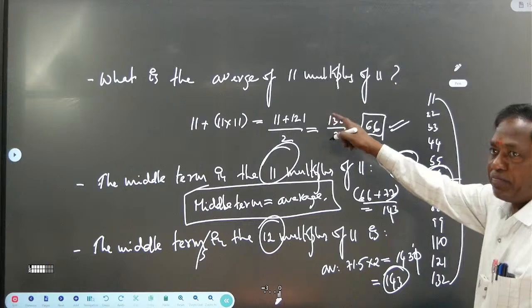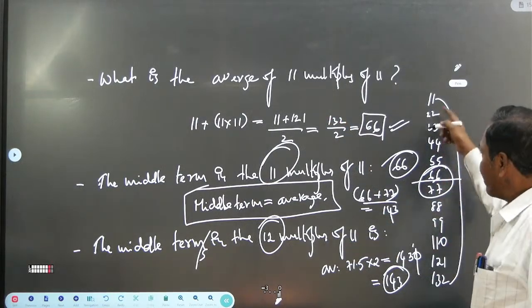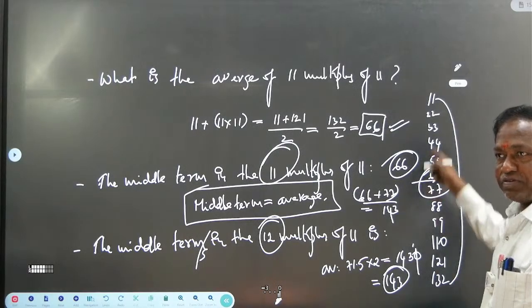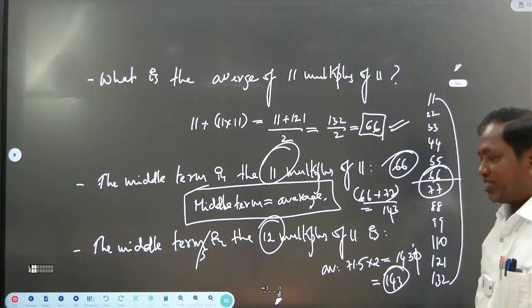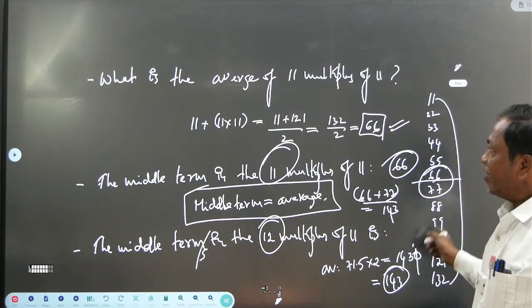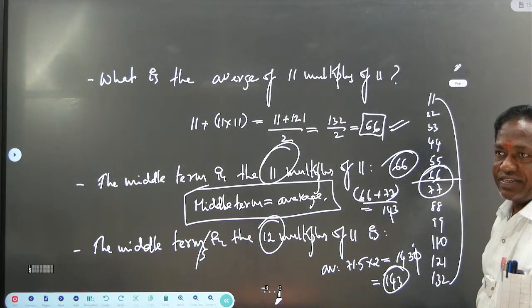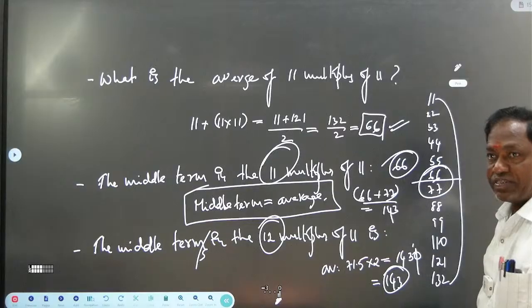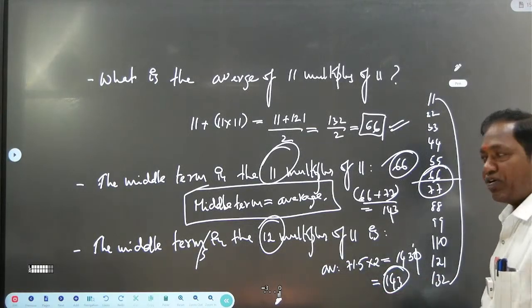If there is an odd number of observations, straight away you get that middle number. But if the observations are an even number, you have to take the sum of two numbers, a pair, that is 143.